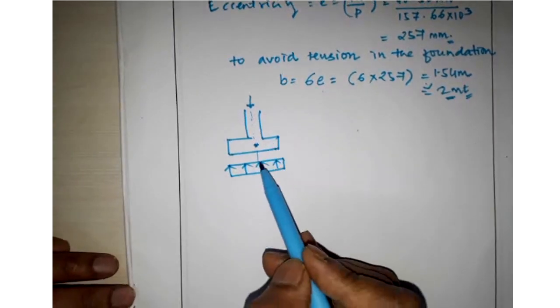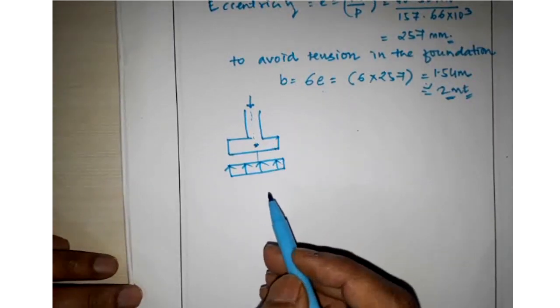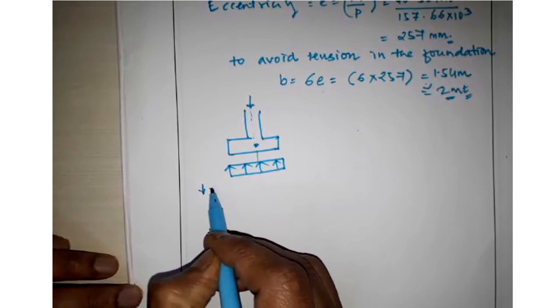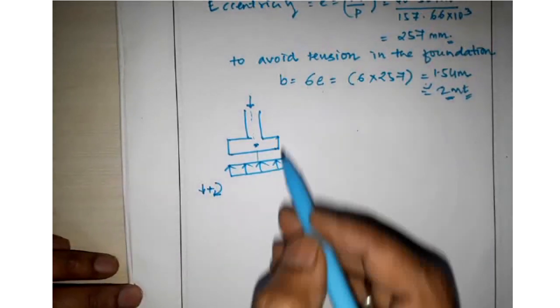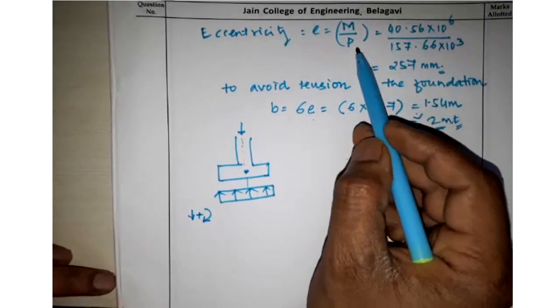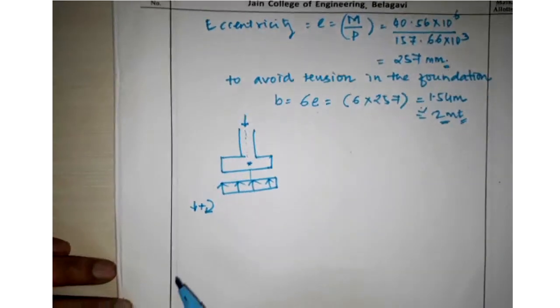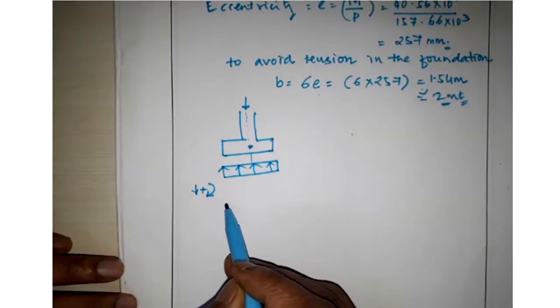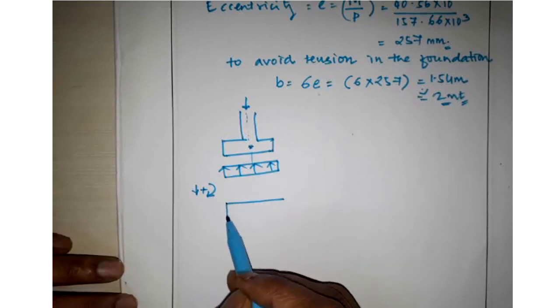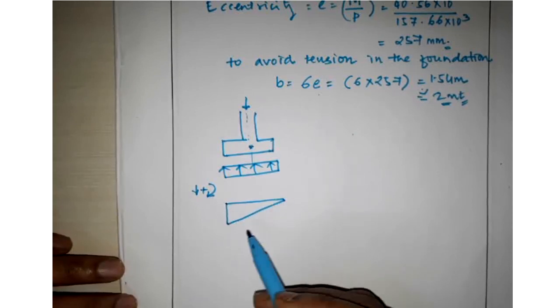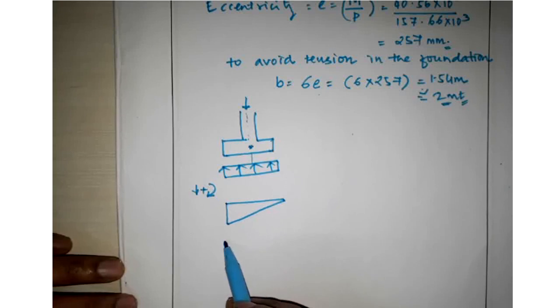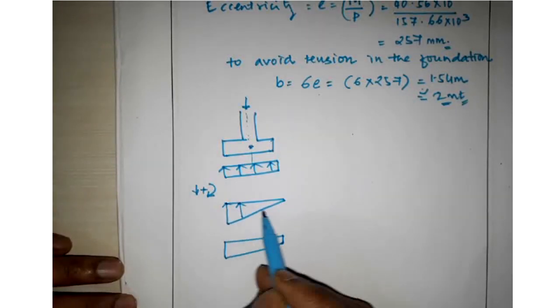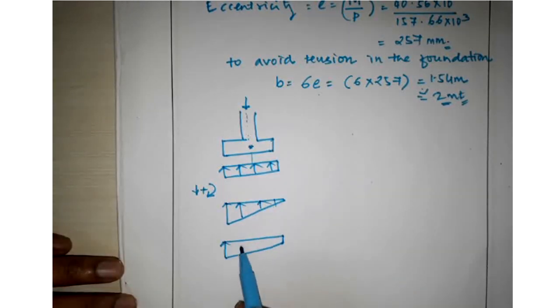But in case the footing is subjected to axial load plus moment, like in our case, with P and M both, the pressure distribution will be like this, or like this, as you saw in the cantilever retaining wall. It is a non-uniform pressure.